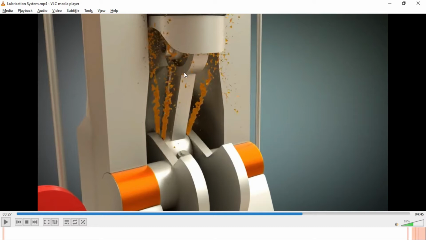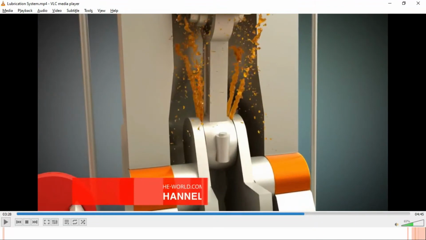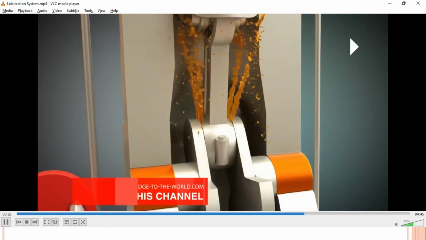Instead, because of the movement of the connecting rod, the oil splashes up and lubricates the small end bearing and the piston and cylinder walls, as can be seen in this video.